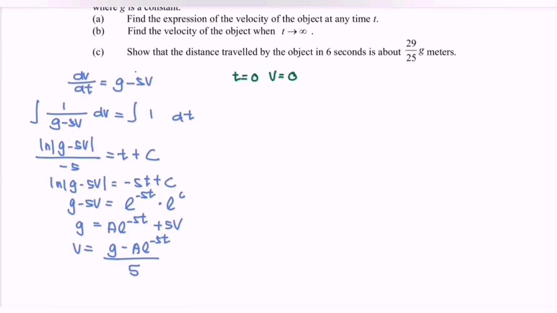So kindly substitute in order to find a. If we substitute, g equals a e to the power 0, plus 5 multiplied with 0. So in here, a equals g. So v equals g minus g multiplied with exponent negative 5t over 5. So that will be the expression of the velocity of the object at any time t.